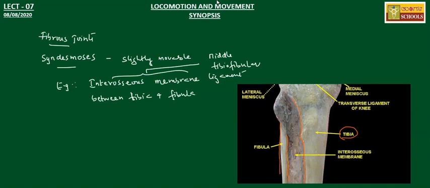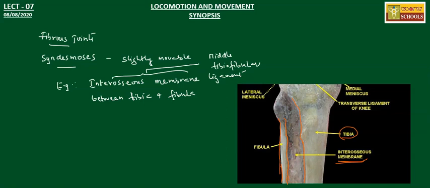Where I'm drawing the membrane, you can see here. In between these two bones you can see the interosseous membrane. This is what we call a syndesmosis. It's a fibrous joint. So that's about syndesmosis.